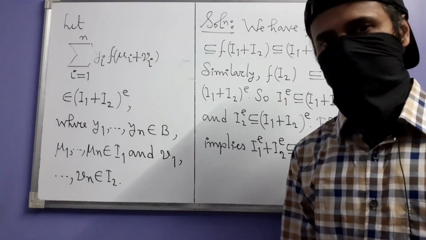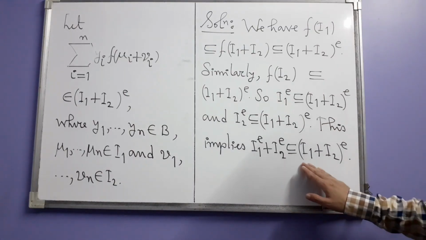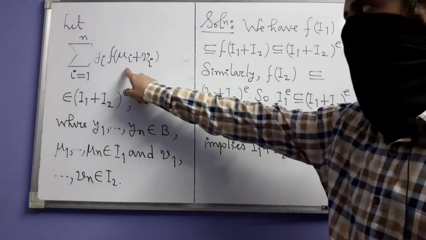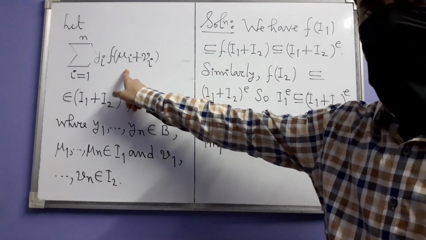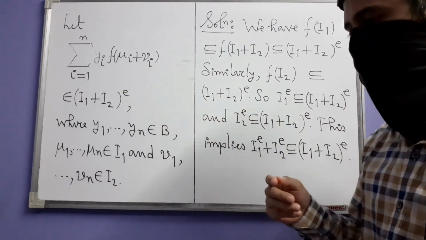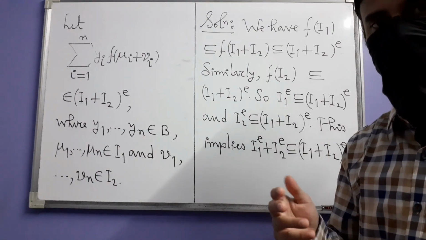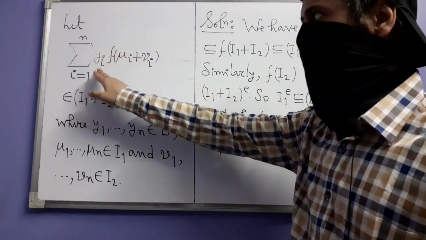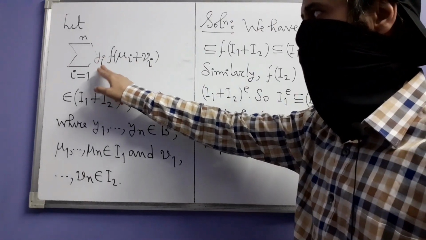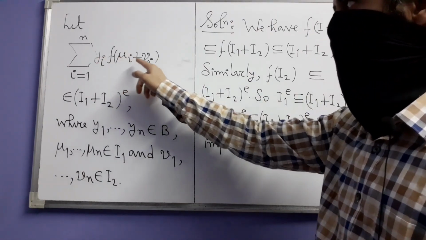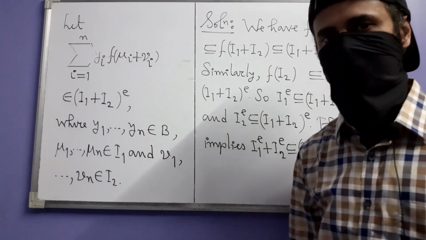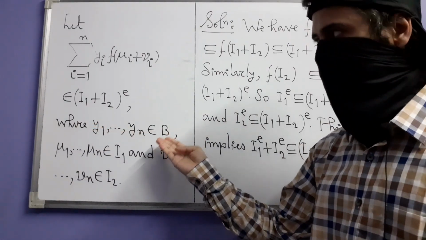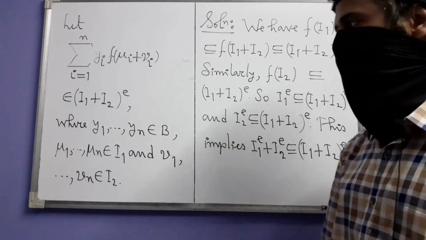To prove the reverse inclusion, we start by taking a general element in this extension. And that general element looks like this, as you already know how the elements in the extension of some ideal look. So it is a summation yi times f of mu i plus nu i, where the yi's are coming from our ring B, in which all these things are happening.